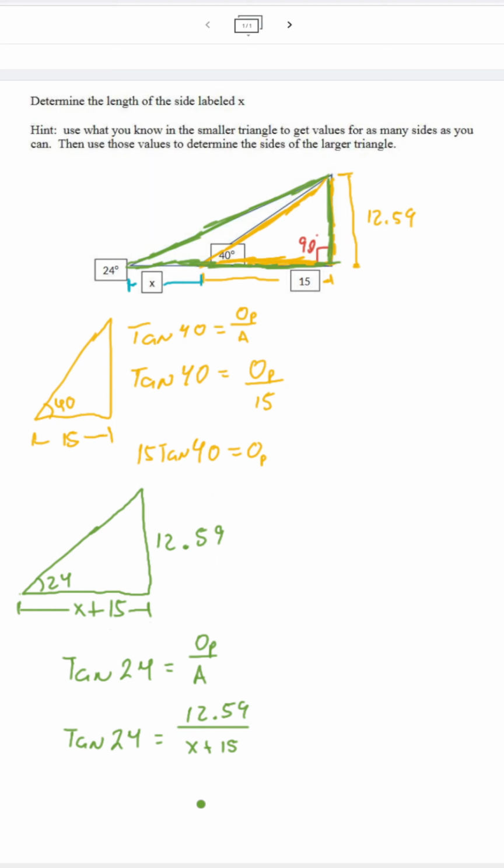And that's it. So you can finish this on your own. You're just going to have to do a change of subject to get the x. And there are several ways that you could do this. You can just move this to the other side as a multiplication, right? Or maybe it's going to be useful for you to first get as a number the tangent of 24.